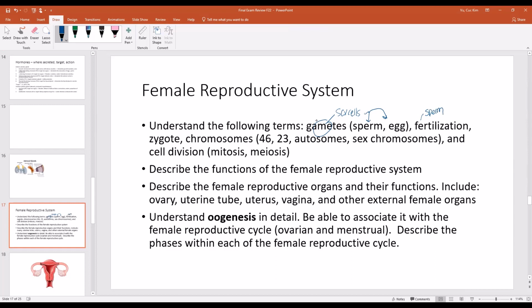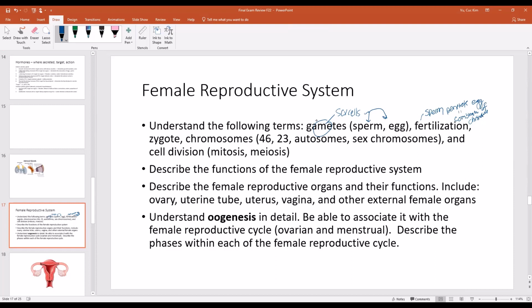So the sperm penetrates the egg, or we can say that there's a combination. It's more about what it results in than what it is, but it results in a combination of chromosomes, half from mom, half from dad. What that result is called is a zygote.